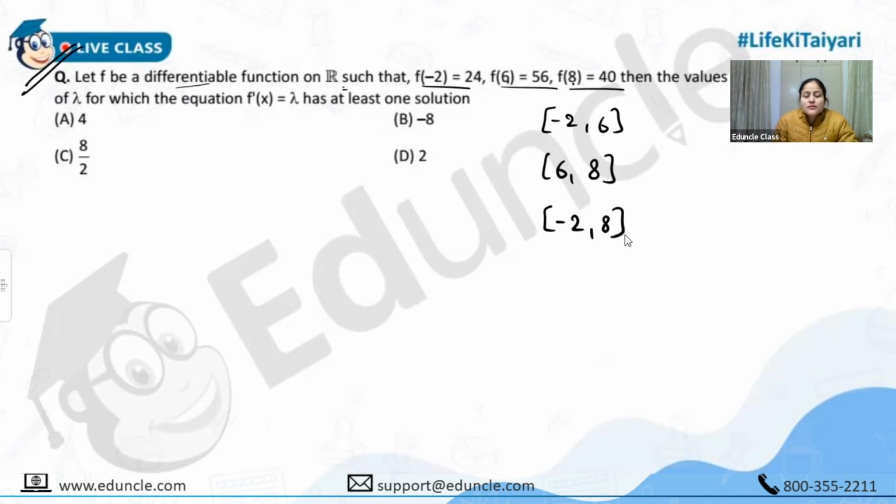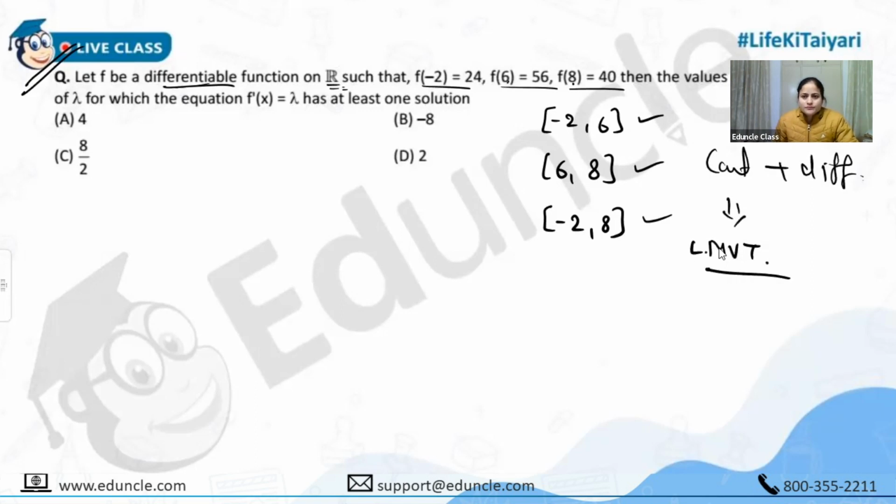For the mean value theorem we require the value of the function at the boundary points. Since the function is continuous and differentiable everywhere on R, it is continuous and differentiable in these intervals. So we can apply the Lagrange mean value theorem.